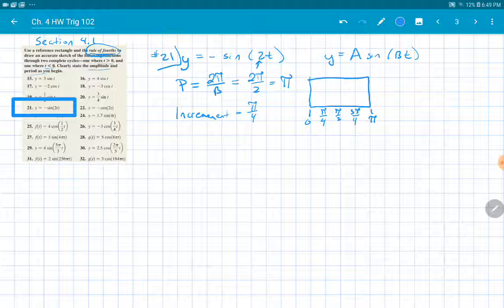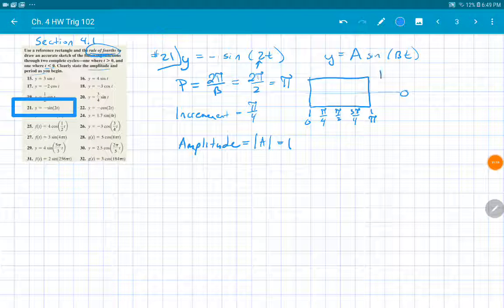Okay, and the next thing I want to do is the amplitude. Amplitude is the absolute value of a. So that's a -1 out in front, so that's going to be equal to just 1. Starting at the center, this graph starts at 0.